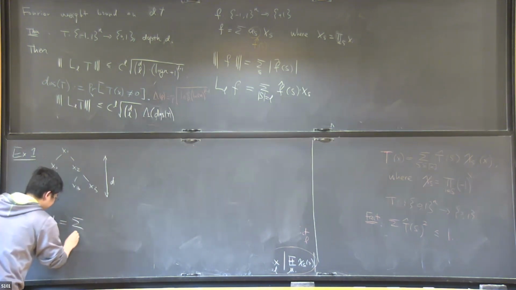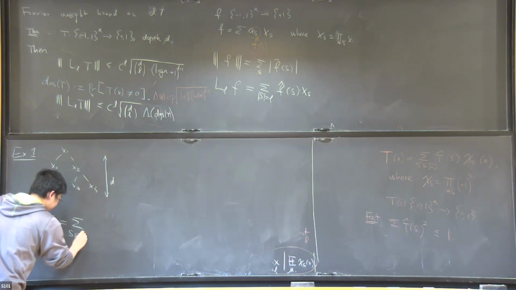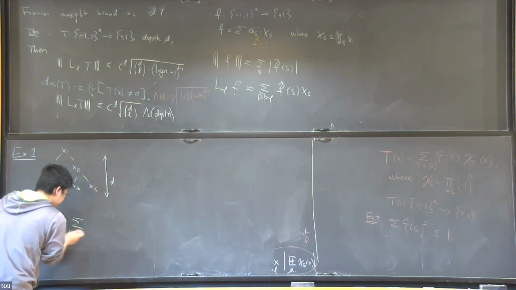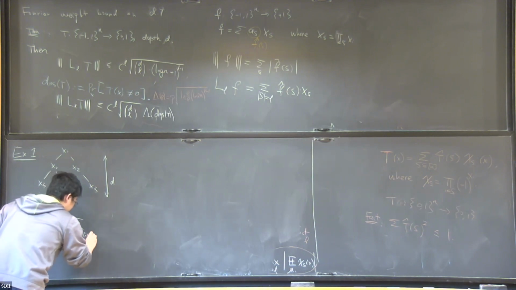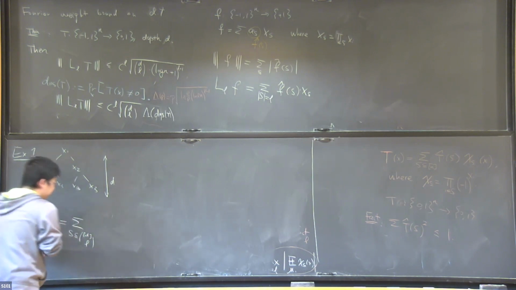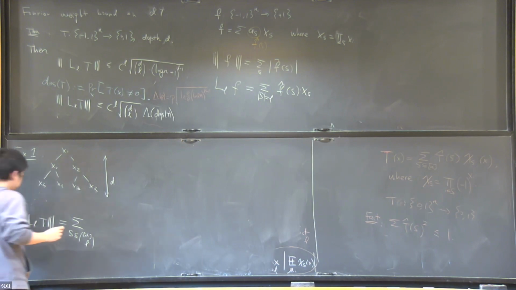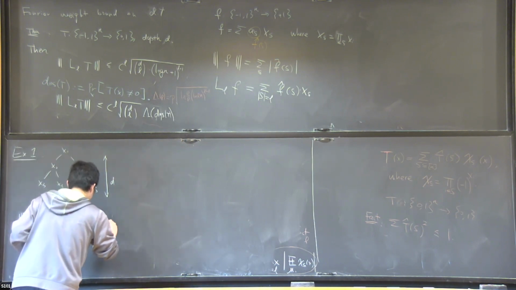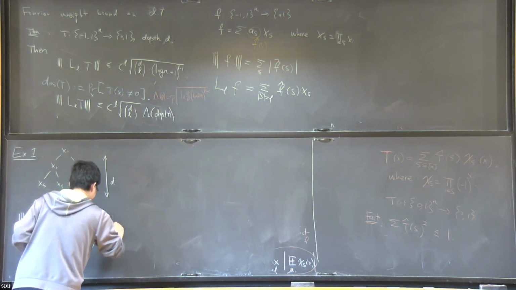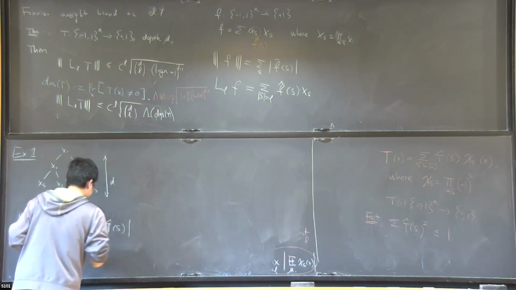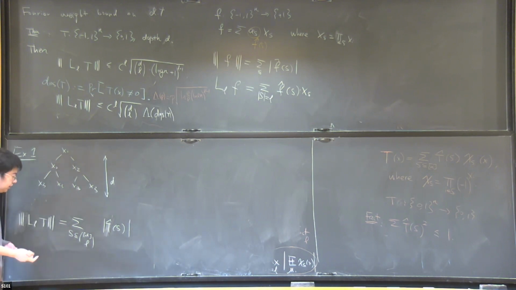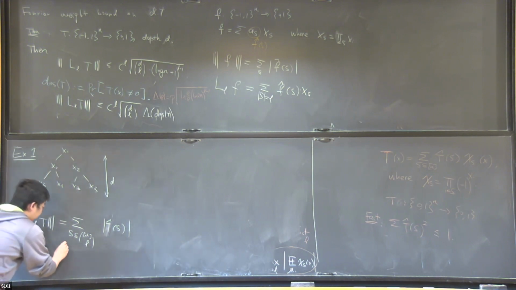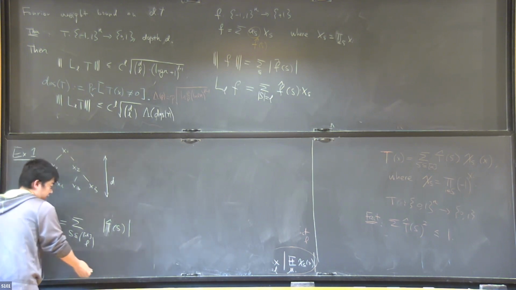You just write down the Fourier coefficients that we know cannot be 0. So there are at most d choose L such coefficients. And by this, you already know it's upper bounded by d choose L. But then we can also apply Cauchy-Schwarz.